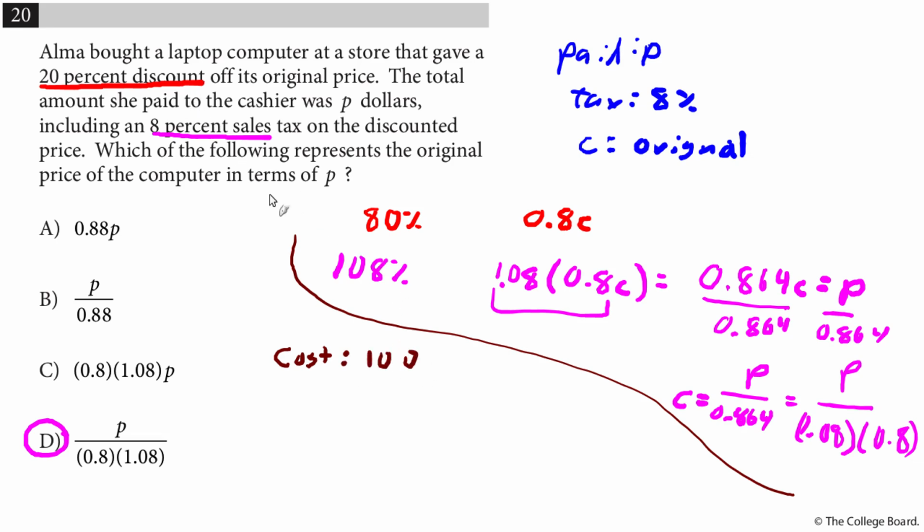Well, if I have a 20% discount, after the discount, it will be $80. And then I include 8% sales tax, which is going to be 1.08 times 80, and that would give me $86.40.